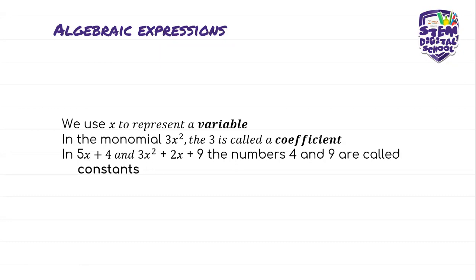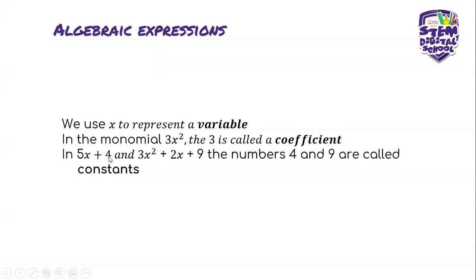So if the value of x, for instance, is 1, then this term is going to change. It will be 5. If x is 2, then that term will be 10 because 2 times 5 is 10. Can you see that? But it doesn't matter whether x can change 100 times or 1,000 times.